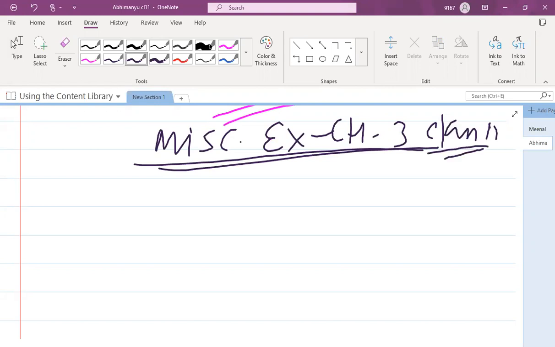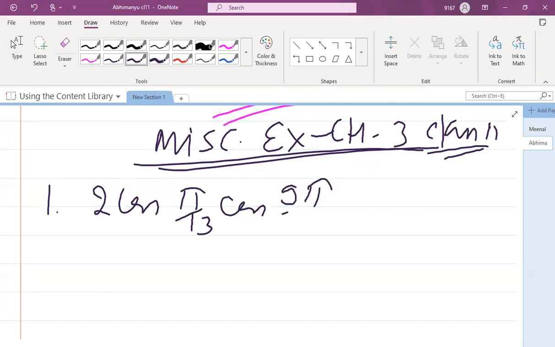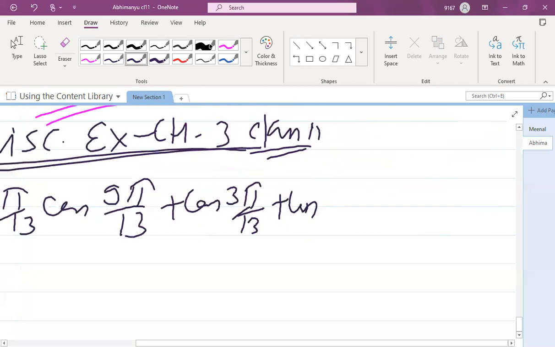So first question: 2 cos pi upon 13 cos 9 pi upon 13 plus cos 3 pi by 13 plus cos 5 pi by 13 equals to 0.